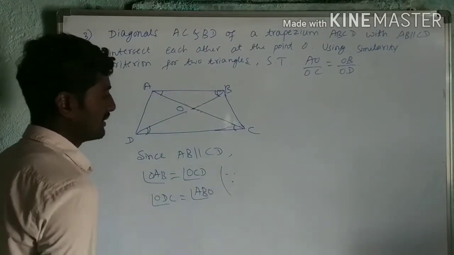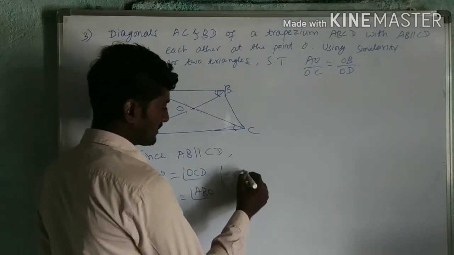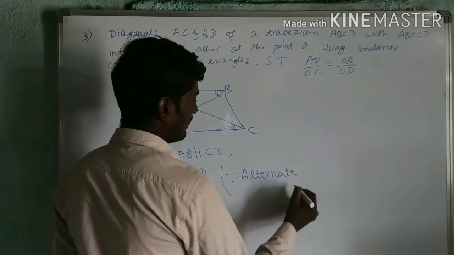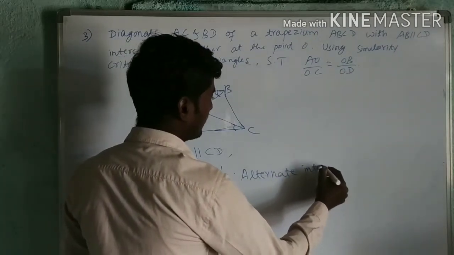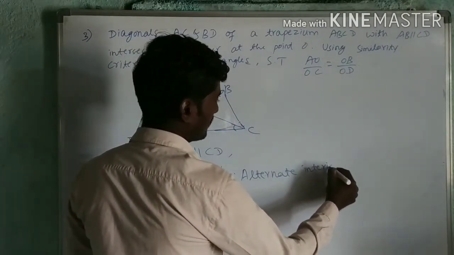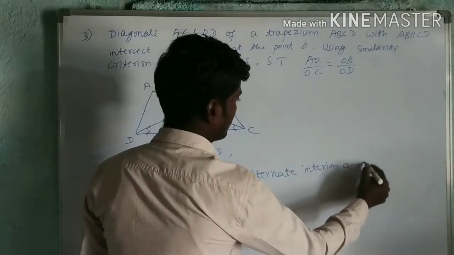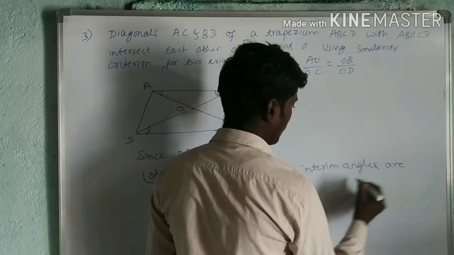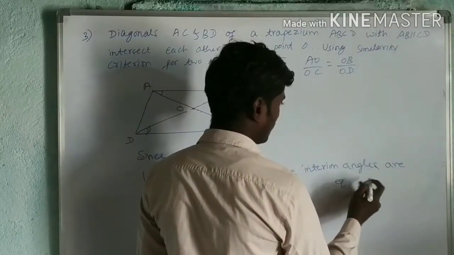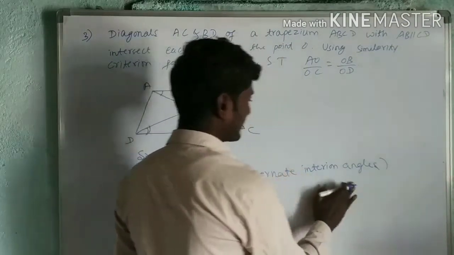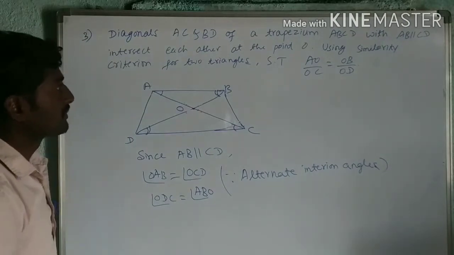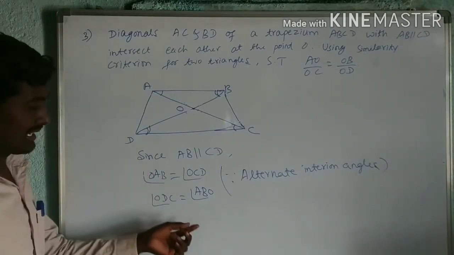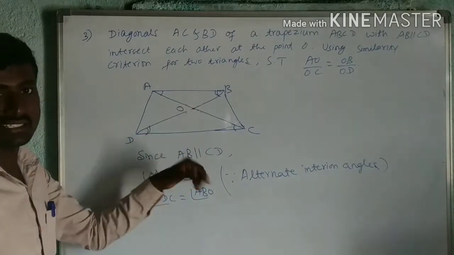Because these are alternate interior angles. Alternate interior angles are equal. Next, by AA, I can write that these two triangles are similar.